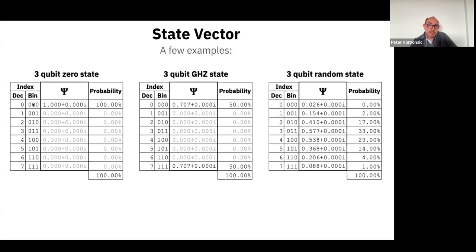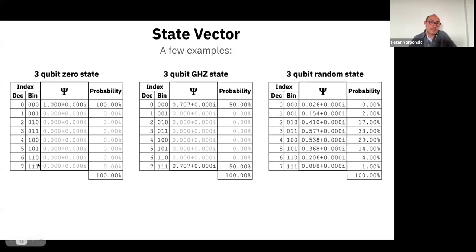This is the initial state. And when we are programming a quantum computer, we are always mutating, we start modifying this vector from this zero state. The first element is 1. All other elements are 0. And of course, it's important to mention that the sum of all probabilities is always 100%, because we will read some of these outcomes.